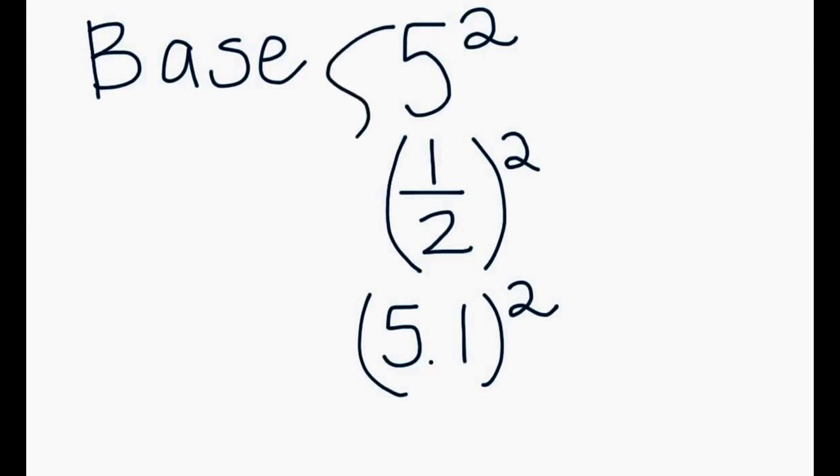So if you notice, your base could look different. It could be a whole number, it could be a fraction, or it could be a decimal. So all these numbers are raised to the second power or are squared. So 1/2 squared, 5 squared, and 5 and 1/10 squared.